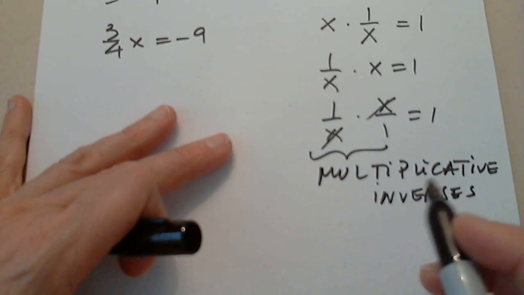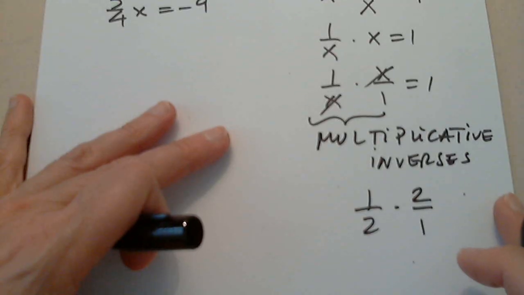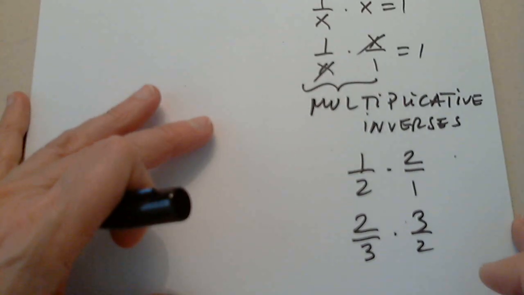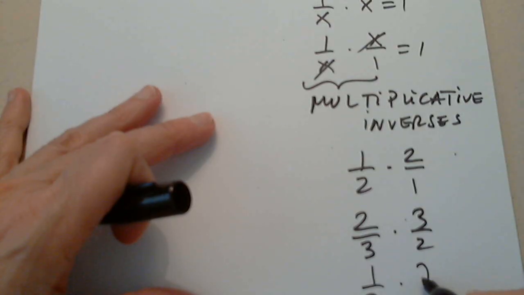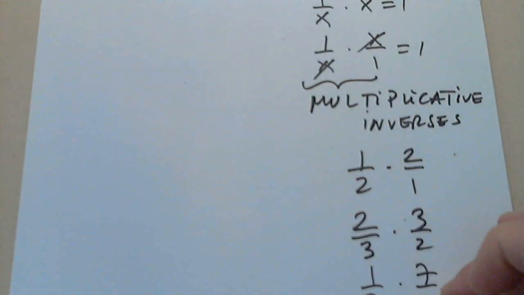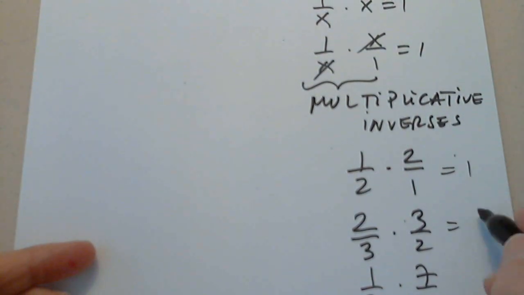Numerical examples. 1/2 times 2 over 1. 2/3 times 3 over 2. 1/7 times 7 over 1. These numbers are multiplicative inverses because every time I perform the product, I get 1.